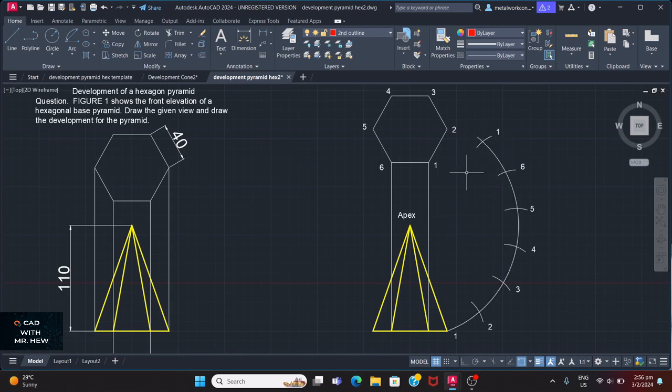6 arcs. Then the next step now is to draw lines from these points, which is 2 to the apex, then to 3, then 4 to the apex, then to 5, then 6 to the apex, then 1.